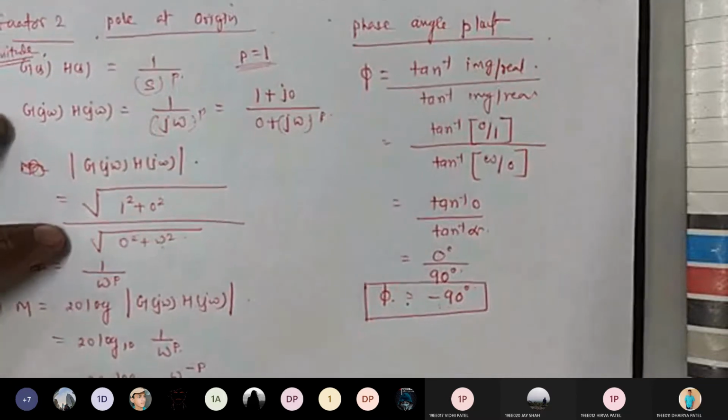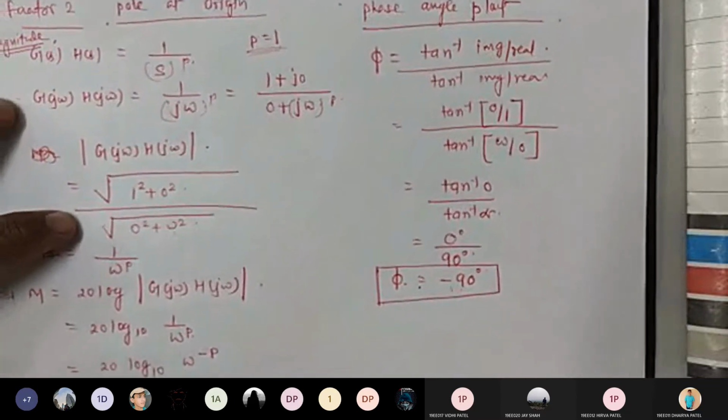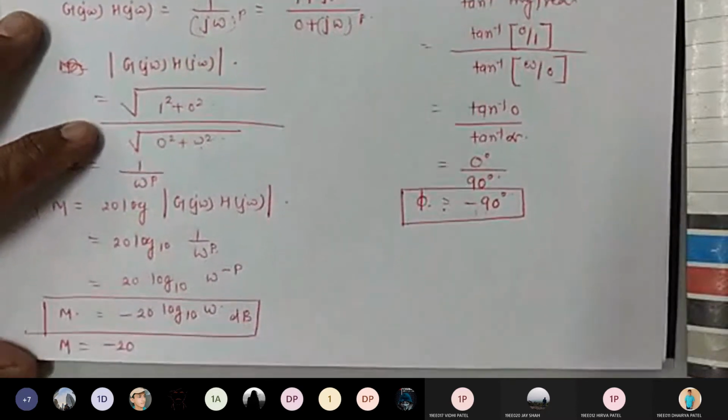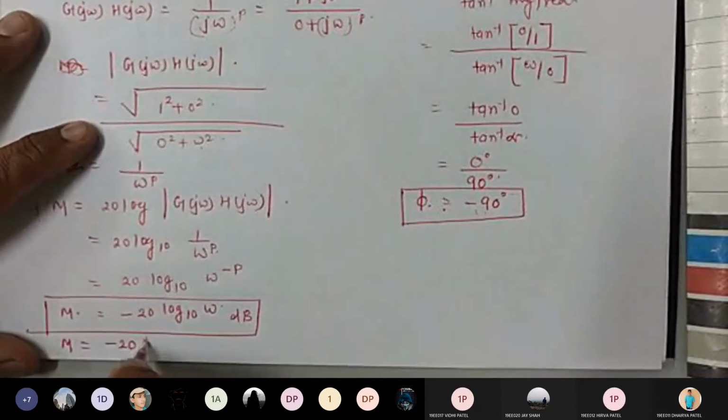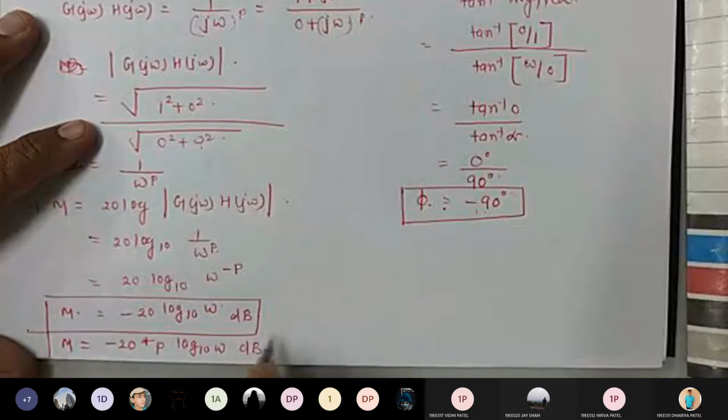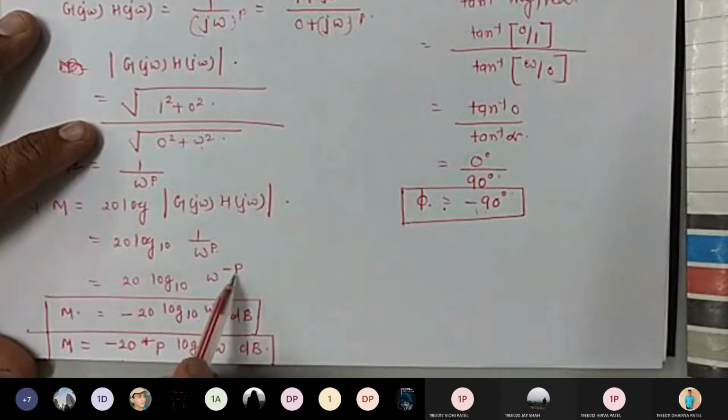What answer will we get here? m is equal to minus 20 into p log 10 of omega. Are you getting me? p multiply this.